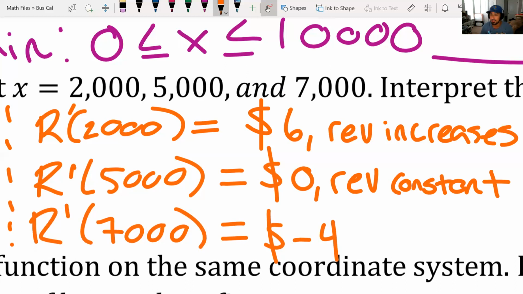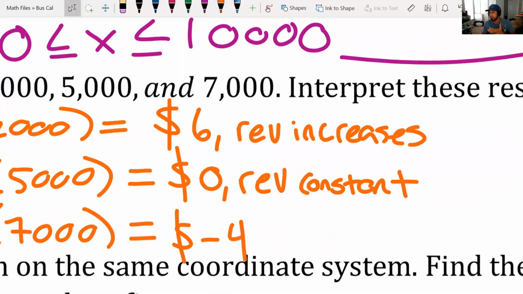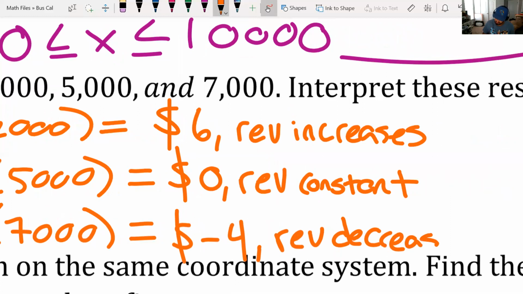And then last, at -4, so at 7,000 headphones, we are making now -$4 per headphone, which means that cost is now beating revenue, which means that we are not making any revenue. So we can say revenue decreasing, or we are just not getting any revenue in, right? This means cost has passed up revenue.